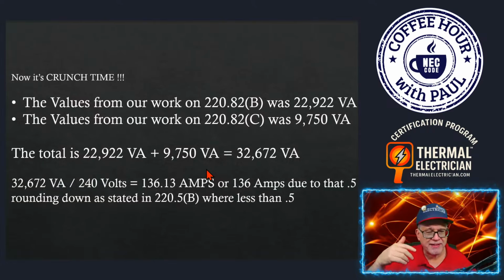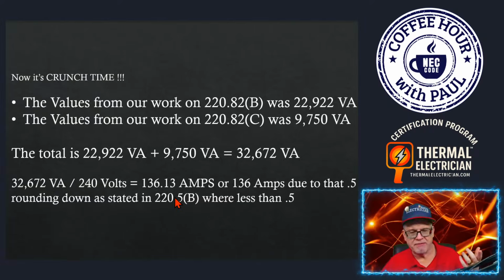Now, if you're wondering where it tells us to drop, that is 220.5(B). And so it's less than 0.5. So that's how we drop it. Remember, the dropping really comes when we're dropping amps. You really don't come to dropping VA and you really don't come to dropping watts. You can, and it'll get you to the same place. I don't want you to overthink that.